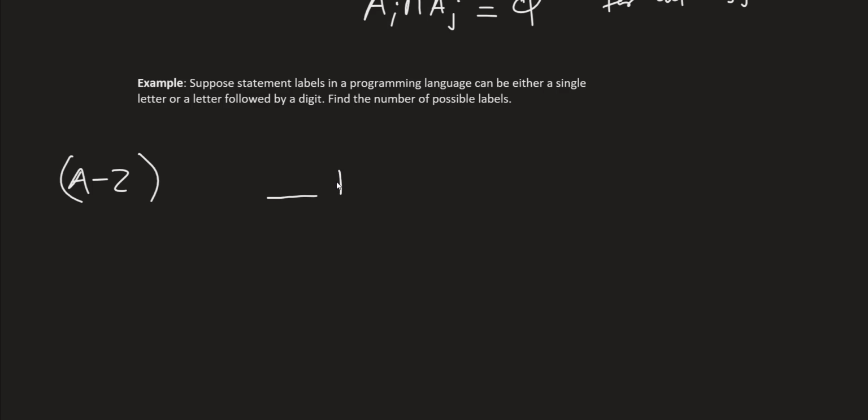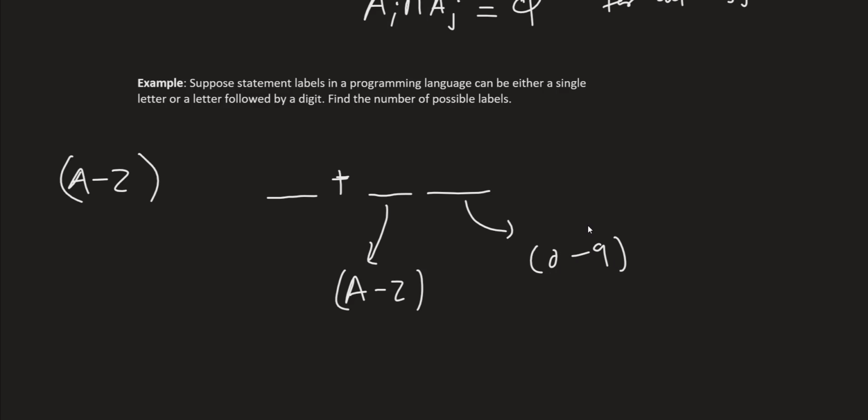So we'll have a plus here, which means this is a sum rule. The first one is a letter, then the second one is a digit. Again, we have A to Z choices, and the second one is a digit, so we have 0 to 9 choices. Find the number of possible labels.